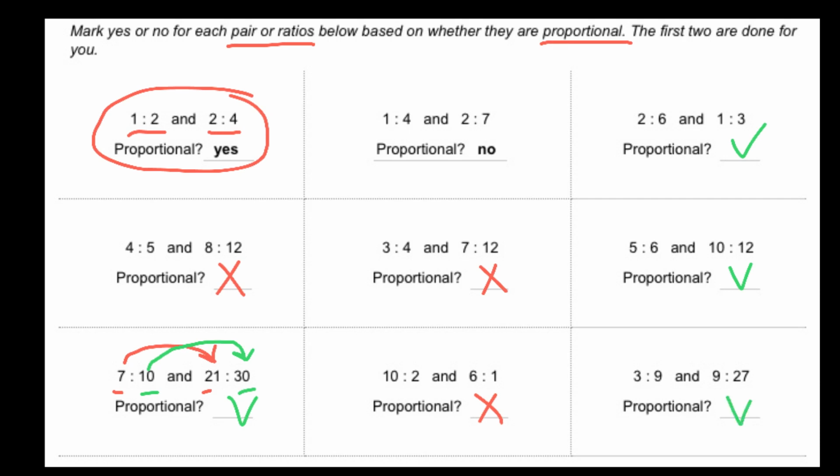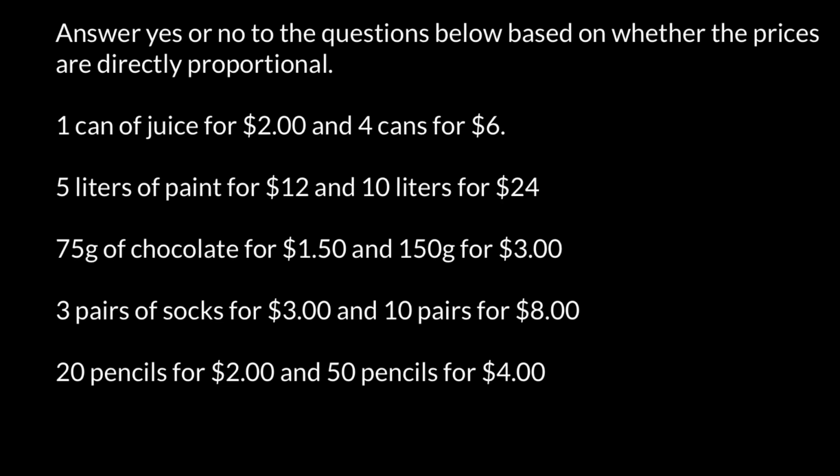And one more slide with more word examples. Answer yes or no to the questions below based on whether the prices are directly proportional. The first question, 1 can of juice for $2. So we have 1 and 2 here, and 4 cans for $6.